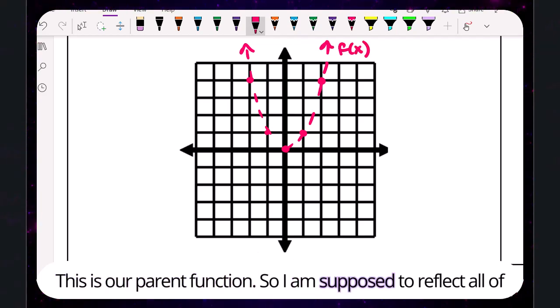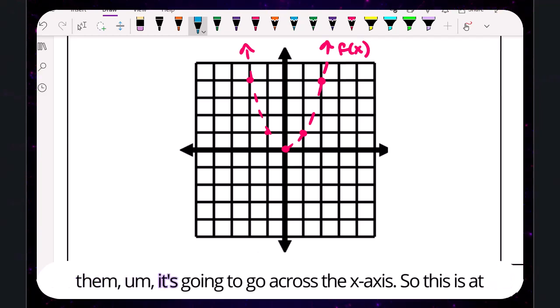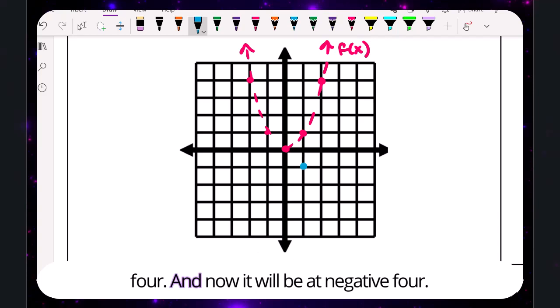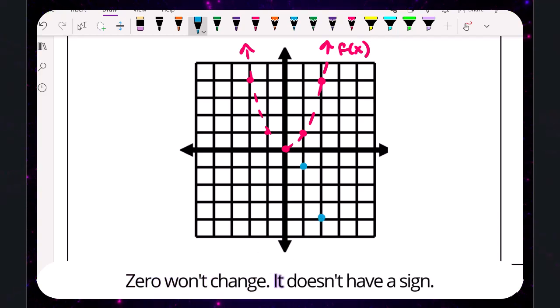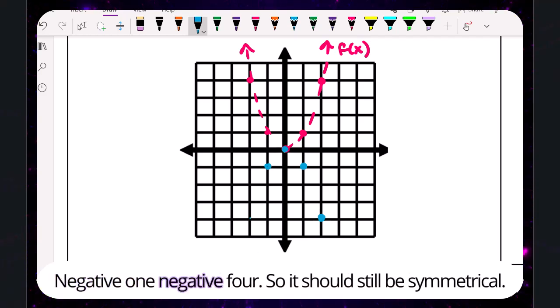So I am supposed to reflect all of these points. So I'm going to use blue again, and if I reflect them, it's going to go across the x-axis. So this is at positive 1, now it will be at negative 1. This is at positive 4, and now it will be at negative 4. 0 won't change, it doesn't have a sign. Negative 1, negative 4. So it should still be symmetrical.